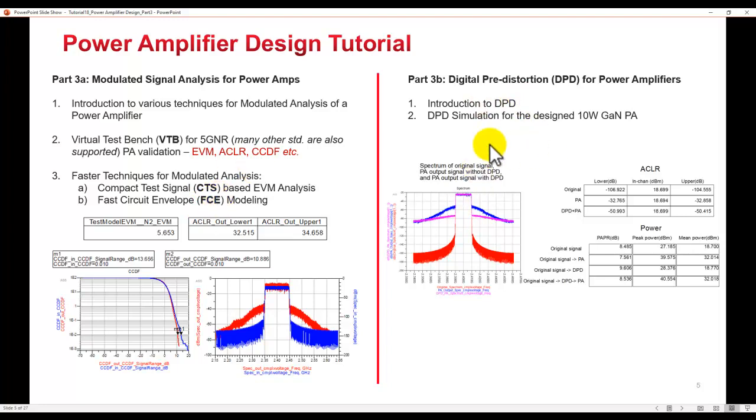And then we talked about DPD, and I gave you a quick crash course on introduction to DPD. And then I tried to communicate to you how you can do DPD based simulation for your own designs. In this case, we used the 10 watt gallium nitride PA, which we created in this 3-part tutorial series.